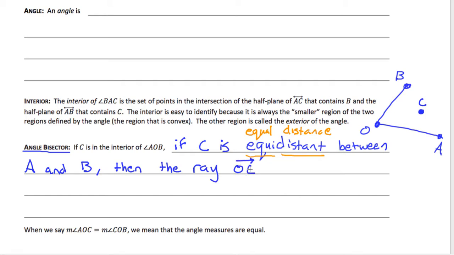And by the way, the way that we mark a ray is with an arrow just to the right, not to the left. And I think we've already reviewed rays before, so we should be masters of rays. Colby, can you please shut your laptop? A ray is a... Okay. So ray OC bisects the angle AOB.